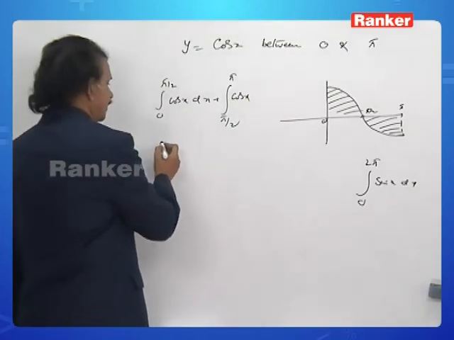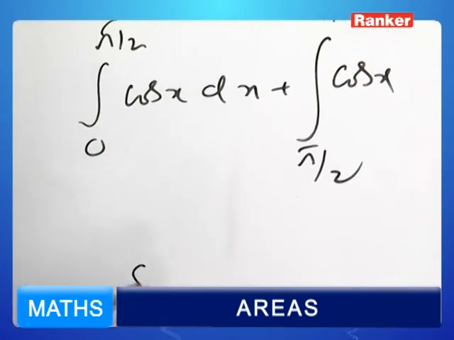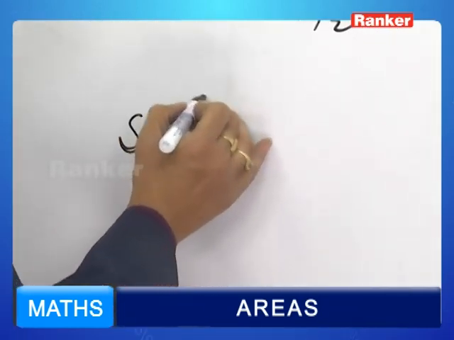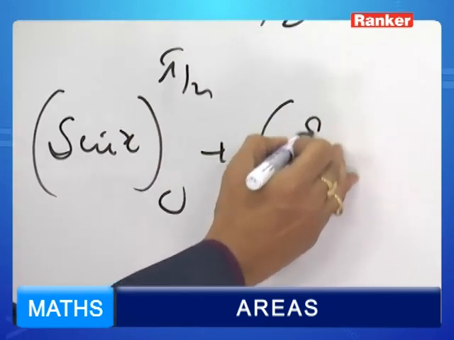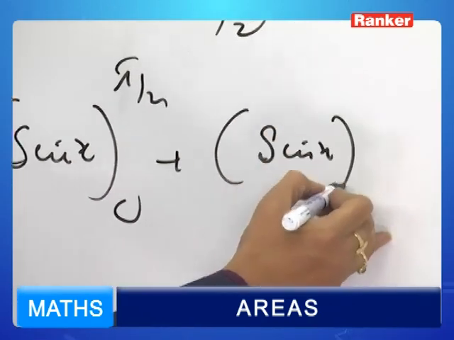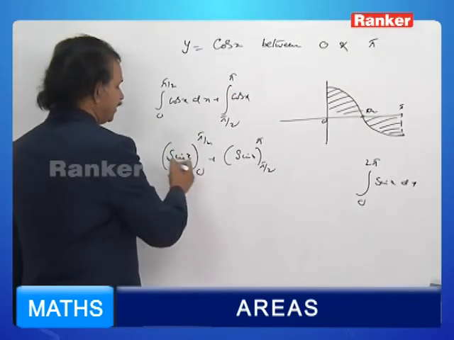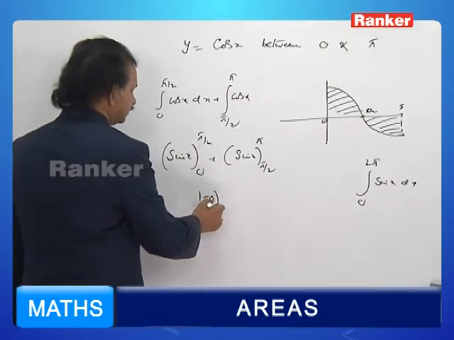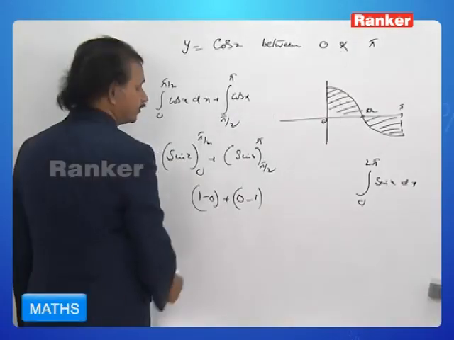What is integral 0 to pi by 2 cos x? What is the integral of cos x? Sin x between the limits 0 to pi by 2, plus sin x between the limits pi by 2 to pi. Sin pi by 2 minus sin 0, 1 minus 0. Sin pi minus sin pi by 2.